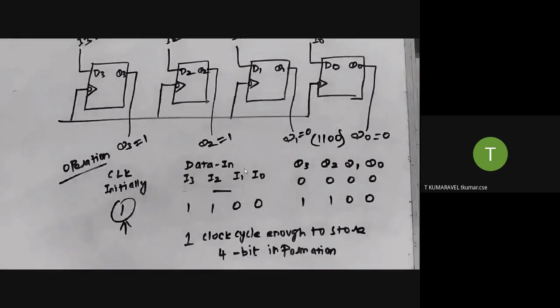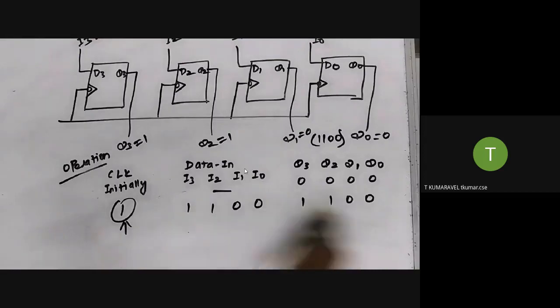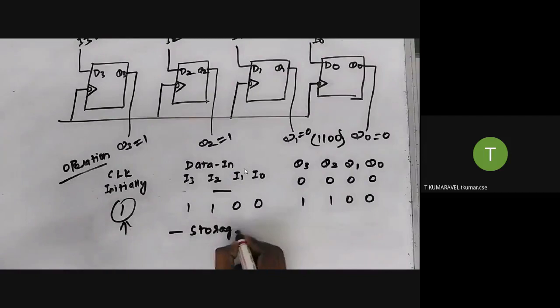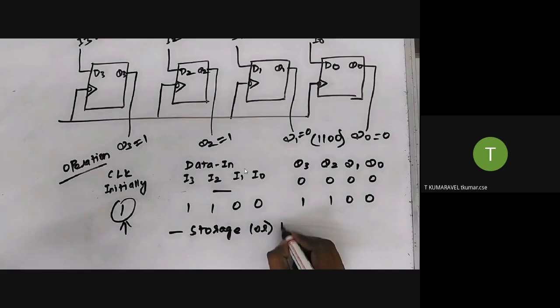This parallel out is otherwise called a storage register or buffer.